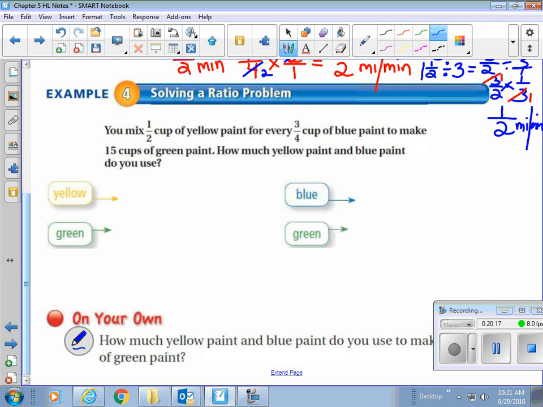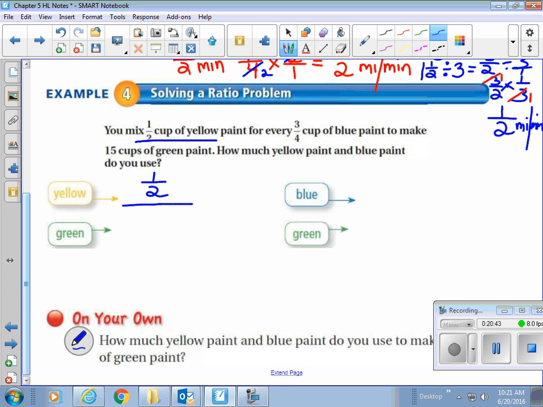So for the yellow, we've got 1/2 cup. So I've got yellow to green, and green we know is 3/4 of a cup. But this green down here is coming from both yellow and blue together, because yellow and blue make green.